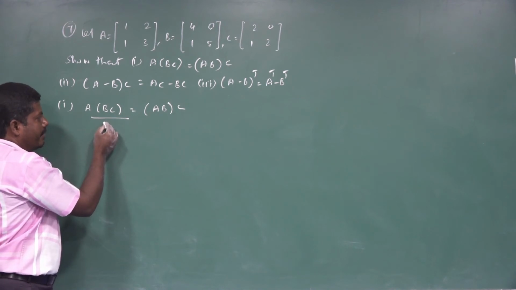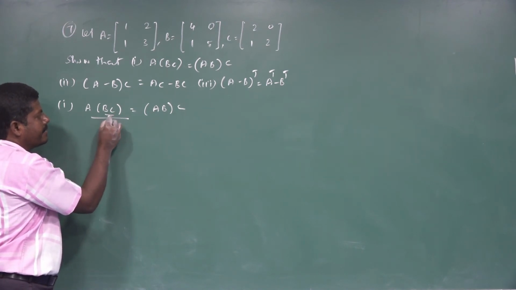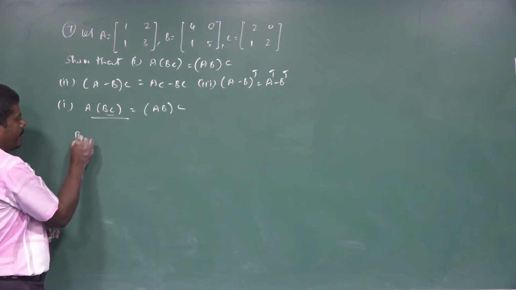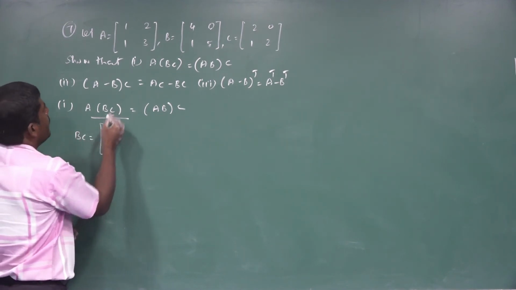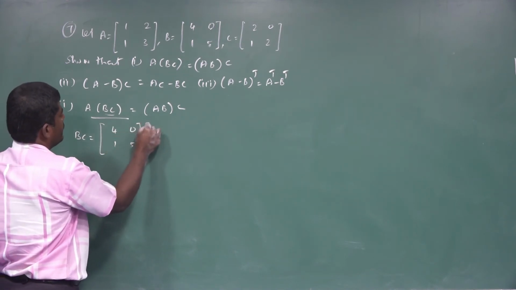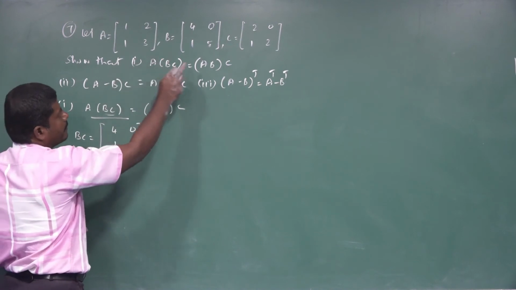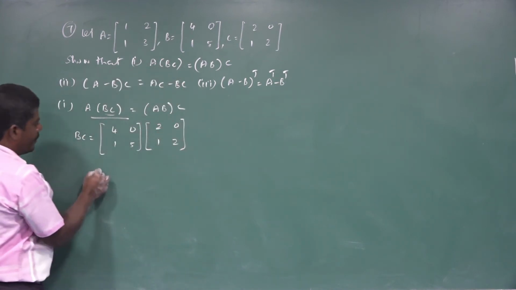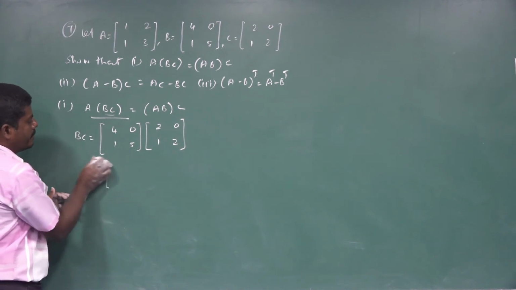In your left side, our first preference is the bracket. Within the bracket, BC is there. First you multiply BC. B matrix is 4, 0, 1, 5 and C matrix is 2, 0, 1, 2. Now we want to multiply these 2 matrices.